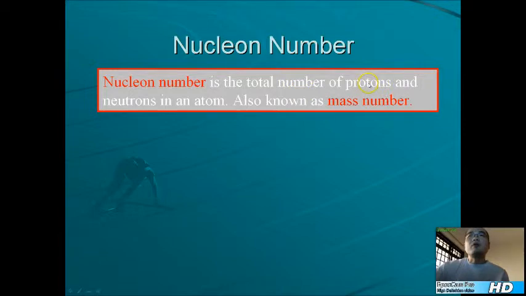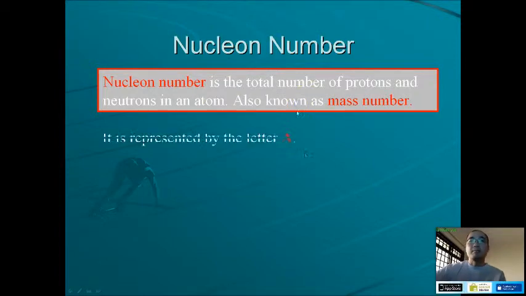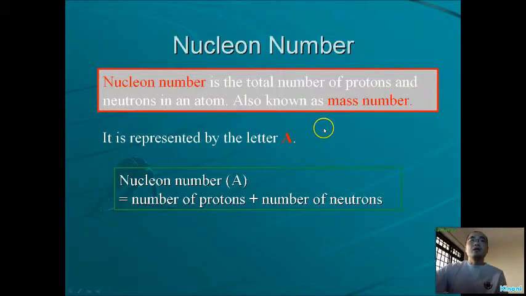So the total number of protons and neutrons in an atom is known as the nucleon number, also known as the mass number. And it is represented by the letter A. If you see the periodic table, you should be able to find this letter A. And remember this formula. Nucleon number equals the number of protons plus the number of neutrons.